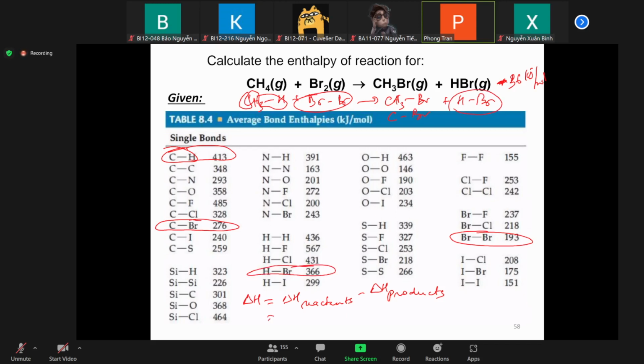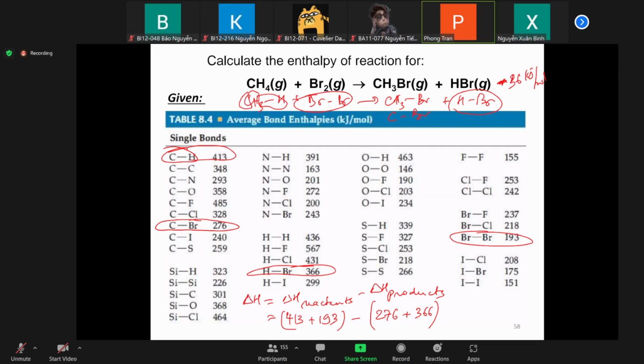So first, the reactants: 4 times C-H plus Br-Br, minus the products: C-Br 276 plus H-Br 366. Is it correct?